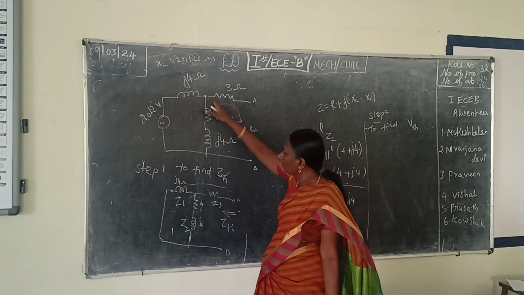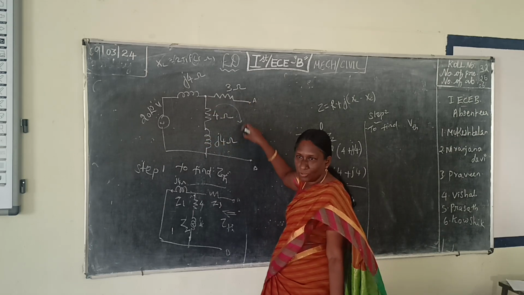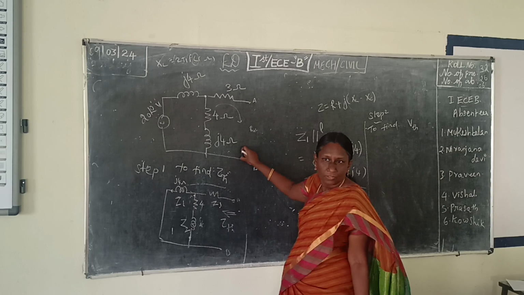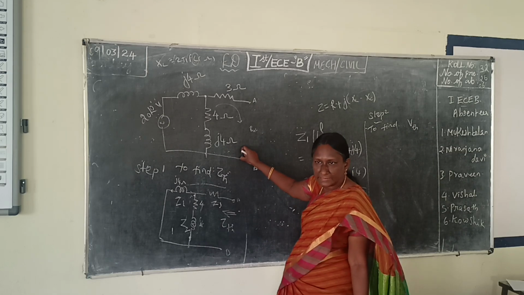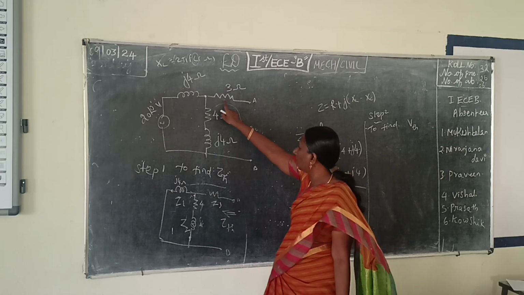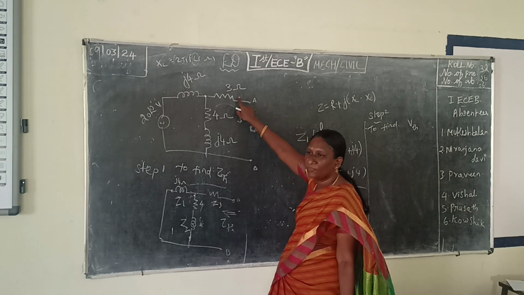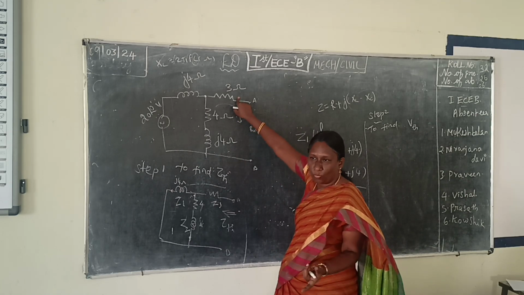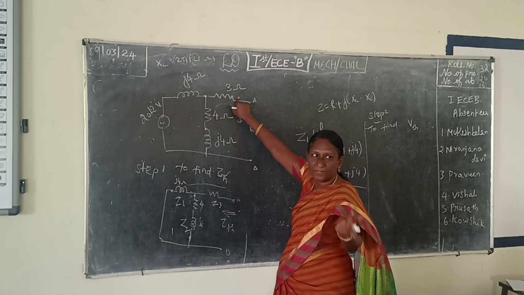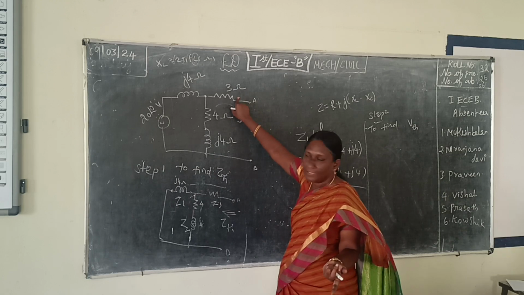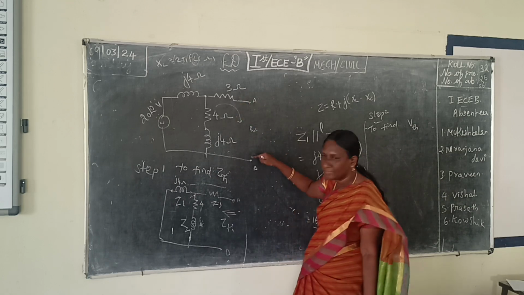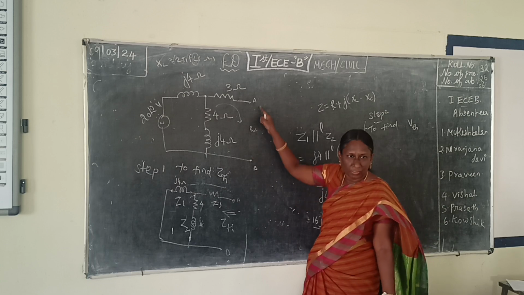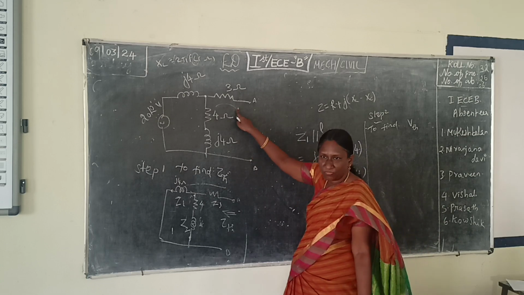So whatever voltage is present here is the voltage VAB. This is the open circuit, so no current flows through the resistor. Once current flows in the resistor there will be some drop, but here there is no current because it is open circuited.